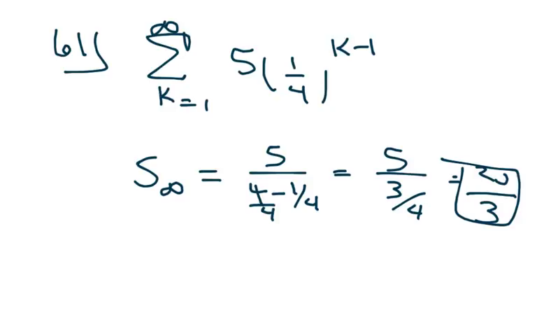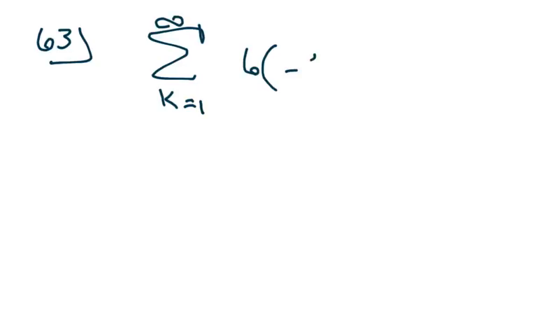Let's do 63. On 63, we have k equals 1, and we're going to infinity. And we already talked about what that means. 6 times -2/3 to the k minus 1. So basically, I'm going to find the sum.